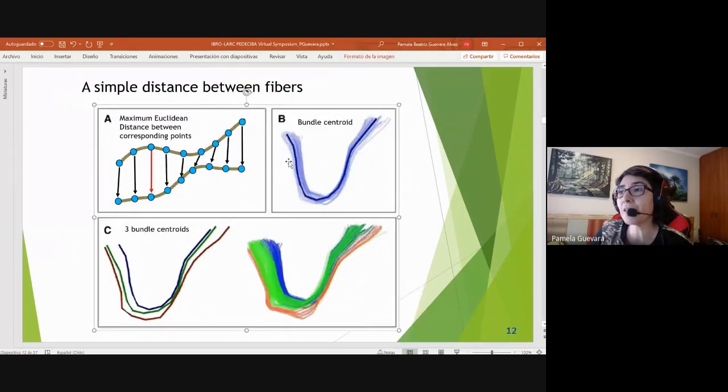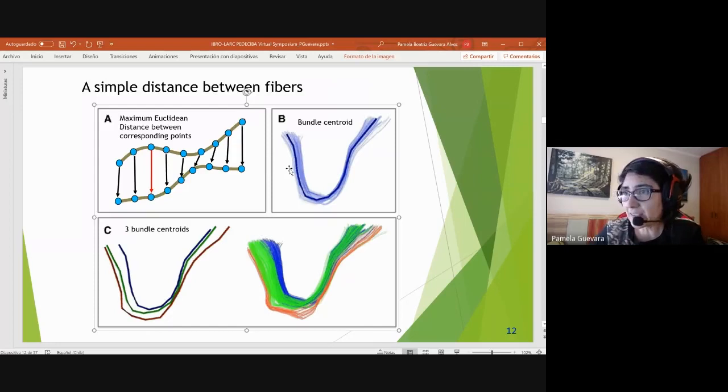We can have, for example, 100 fibers, but you can see that all the fibers are very similar. This is a cluster that can be found automatically with the algorithm. So we can replace that with only one fiber. This is a simplification, but when we just want to find patterns, it's enough to find the main patterns of connectivity.